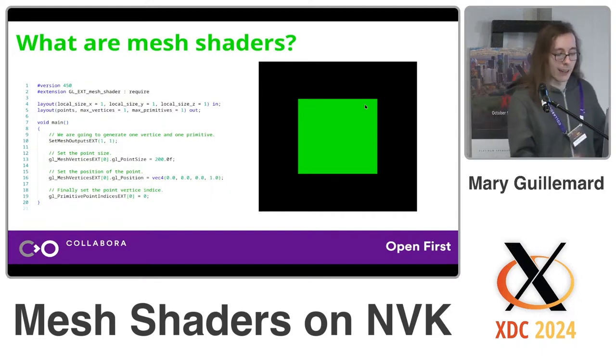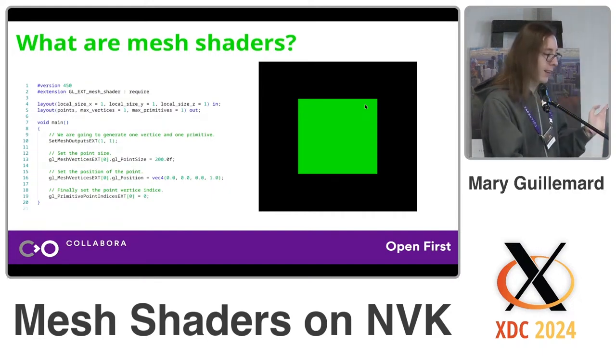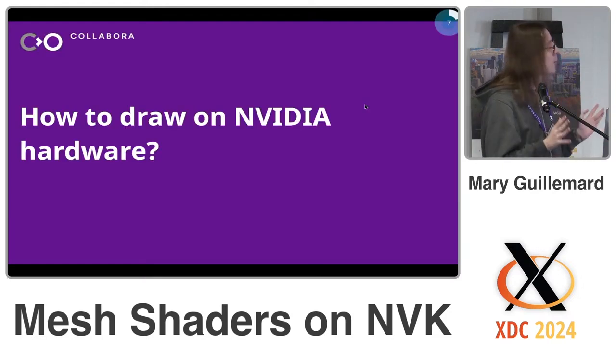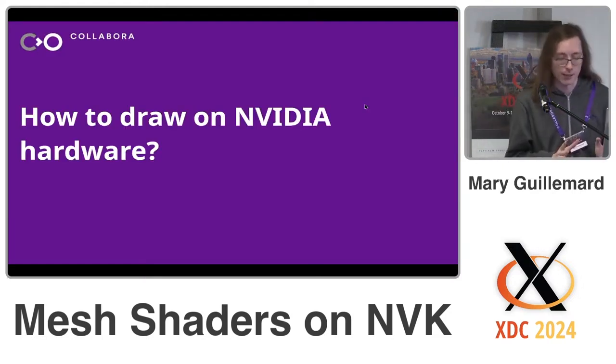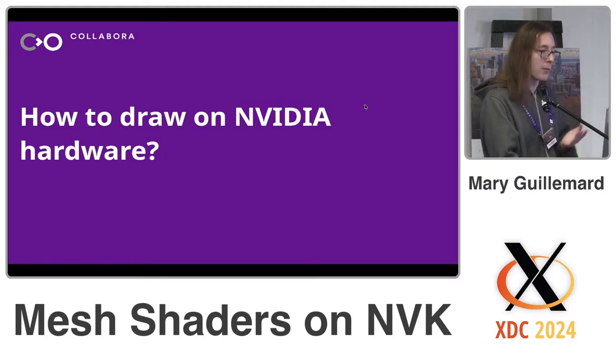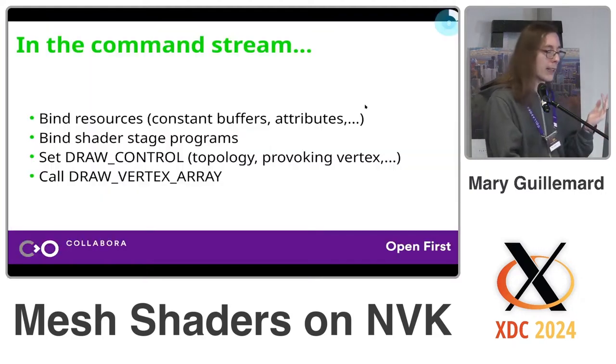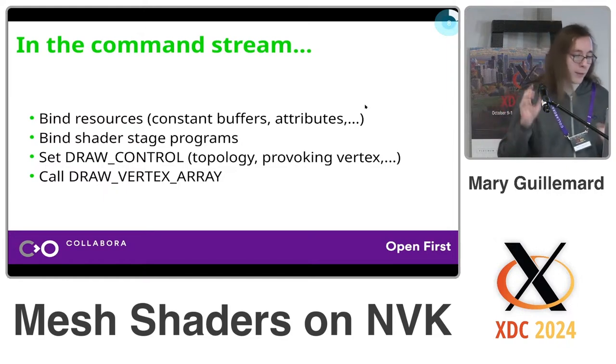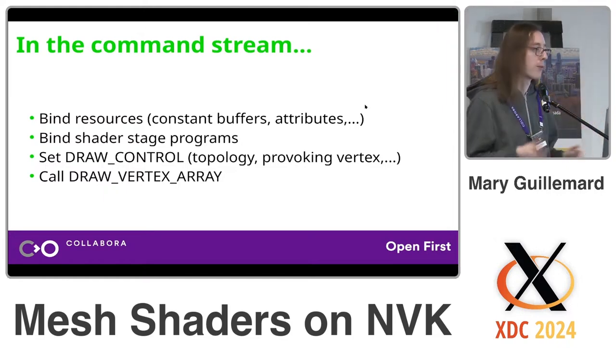So, mesh shaders work like that. But I first want to mention how you do a draw on NVIDIA hardware in general, because that's going to be important here. If you do a dump of the command stream on any draw you do on NVIDIA hardware, you'll find something like that. You will first find something that binds the resources: constant buffers, attributes, textures, and stuff like that.